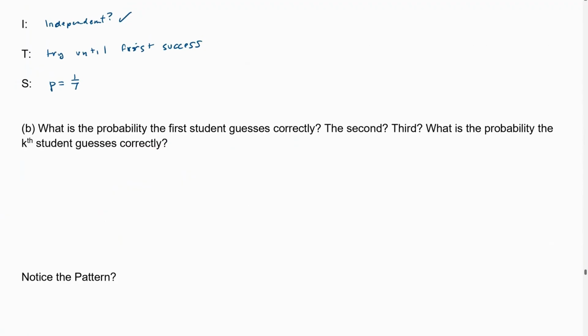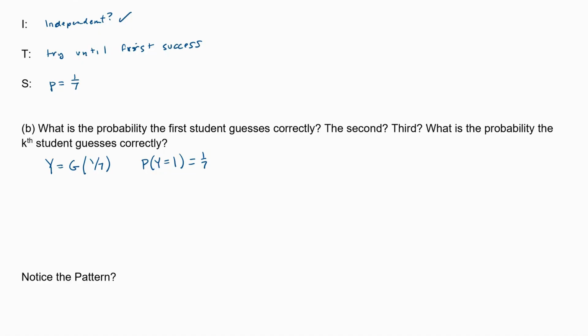So, what's the probability that the student will get it correct on the first guess? Let's say y is defined as a geometric random variable with 1/7 being the probability of success. The probability that y equals 1 is 1/7 because it was the probability of being right.